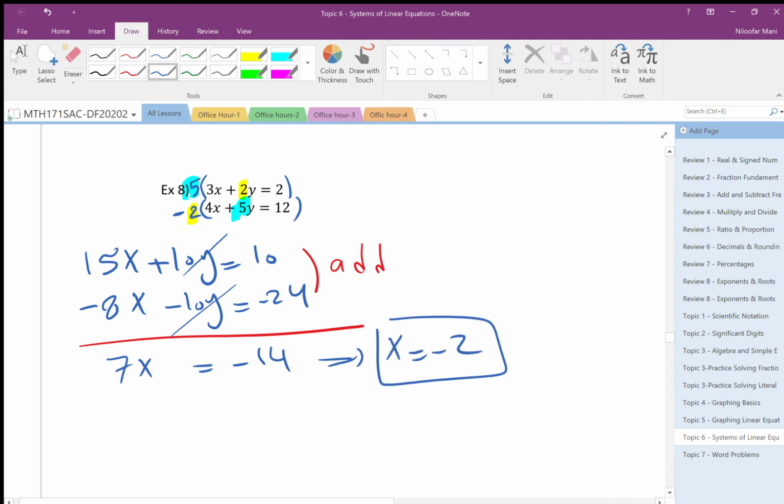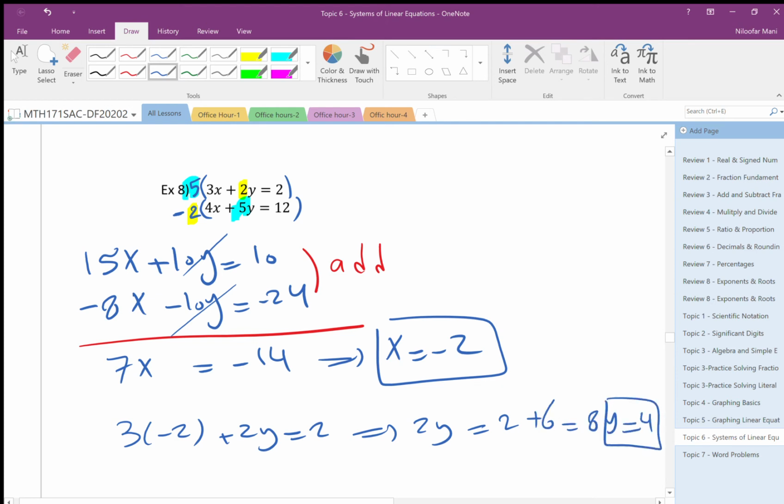Good. Now I go to the original equation and substitute x equal -2, one of them. Okay, so I do 3 multiplied by -2 plus 2y equal 2. And then I have 2y equal to plus 6, which is 8, and y is 4. Okay?